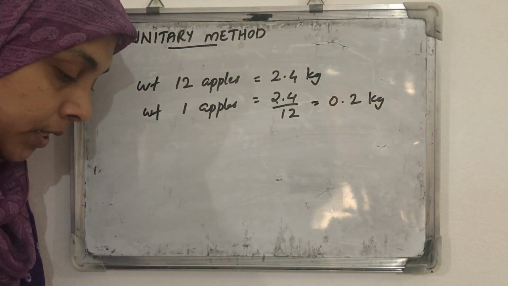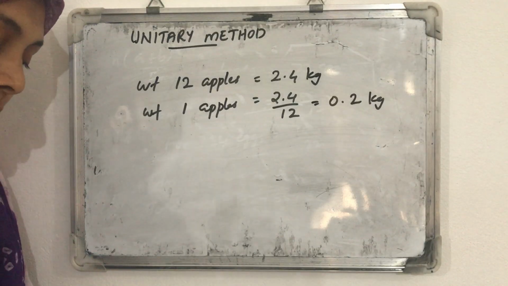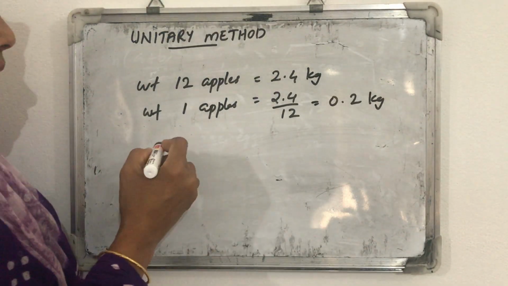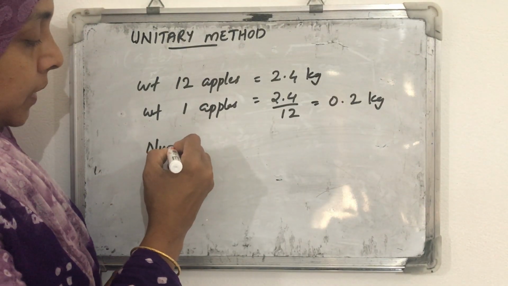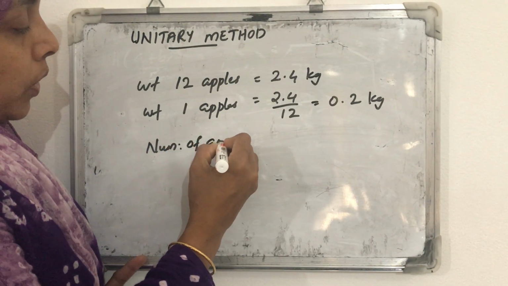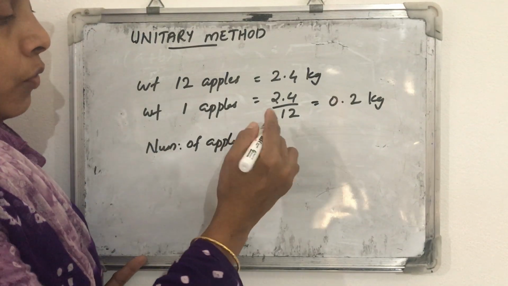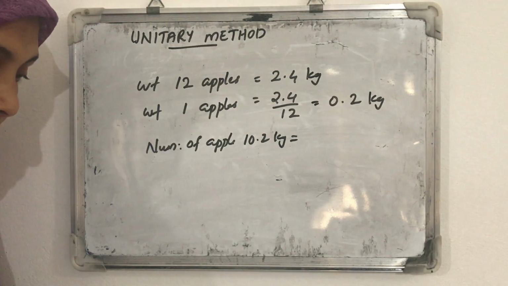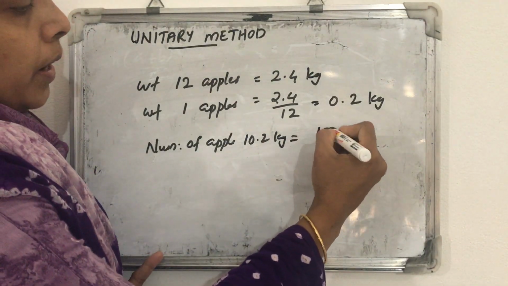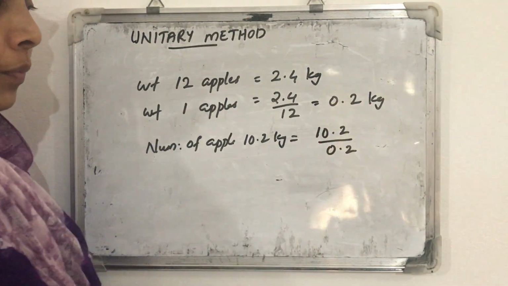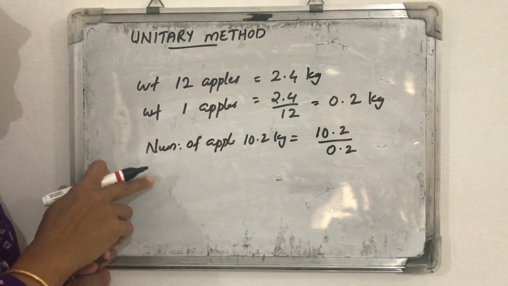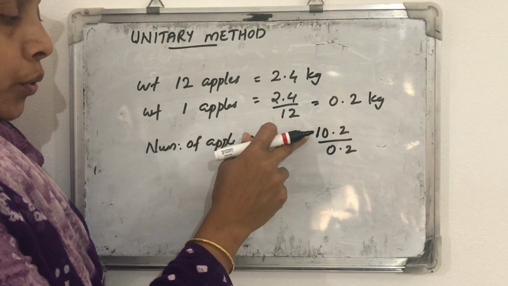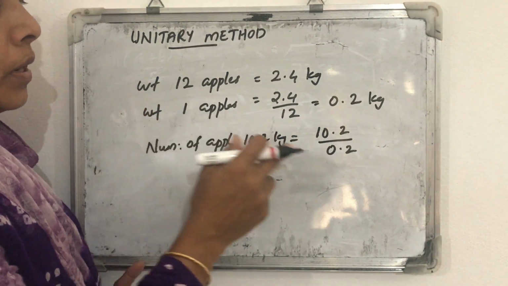Now the question is like this. How many apples will weigh 10.2 kilogram? The number of apples needed for 10.2 kilogram will be 10.2 divided by the weight of one apple, 0.2.